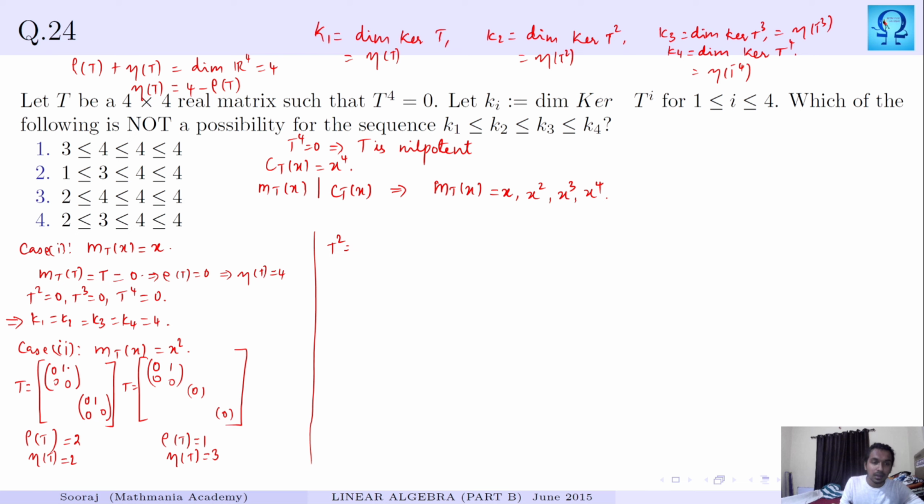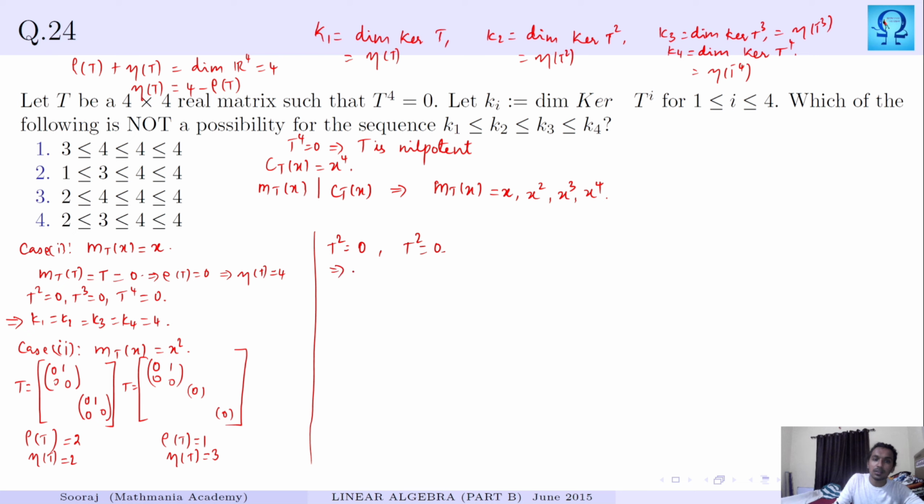Based on that, if you look at this matrix, you do not have any non-zero entry in the second column, so this one will not give you any non-zero entry. In a similar way, this is in the fourth column, so if you examine the fourth row, it does not have any non-zero entry, so directly your T square is becoming 0. Here also the same case, your T square is 0.